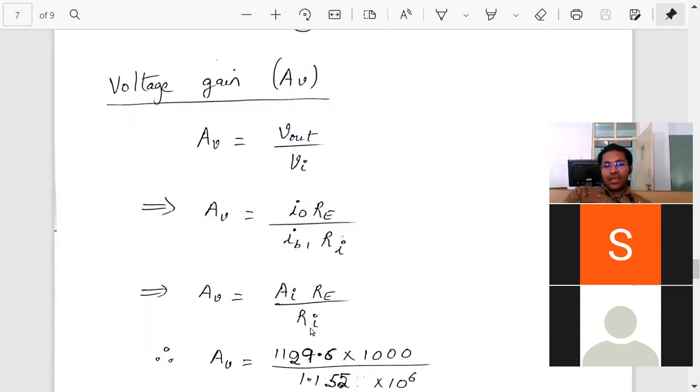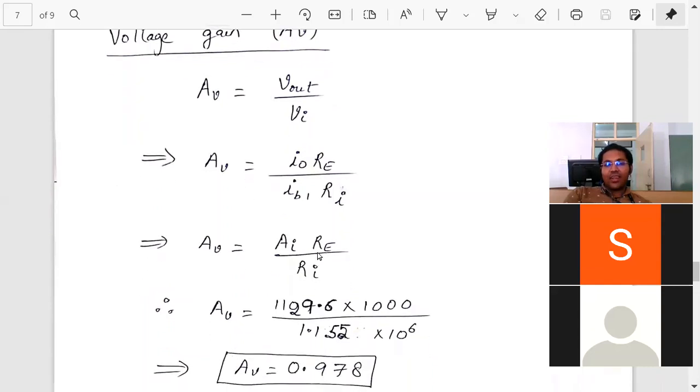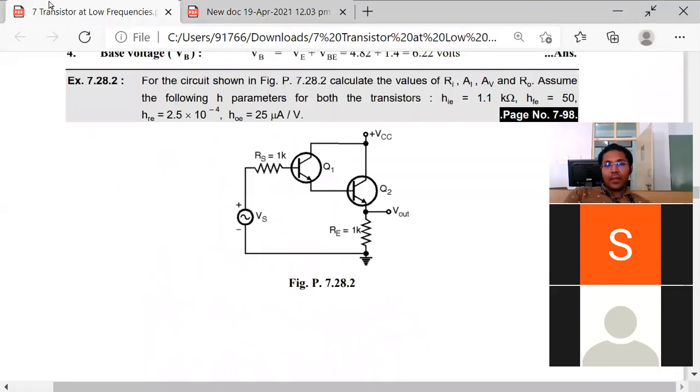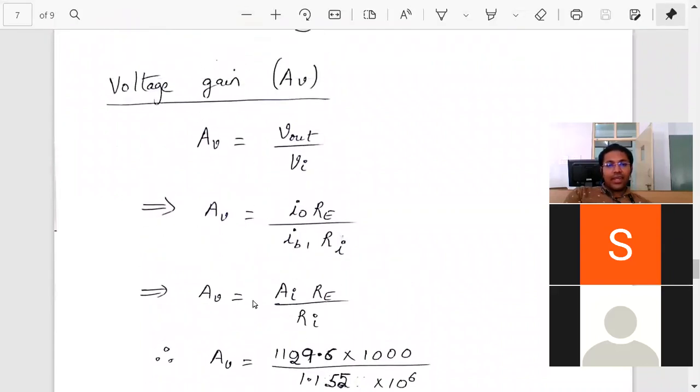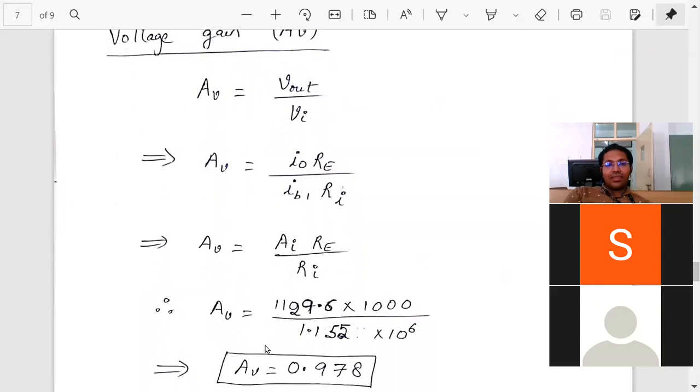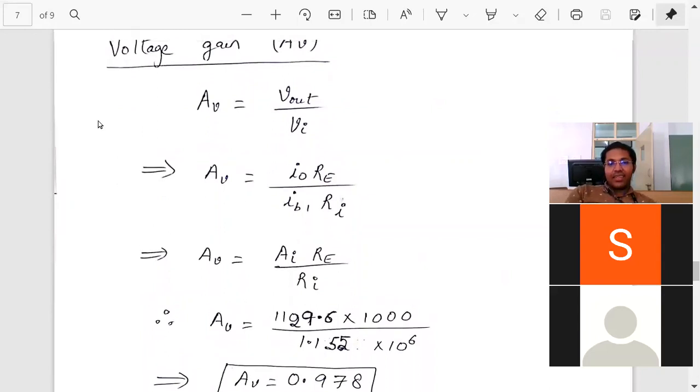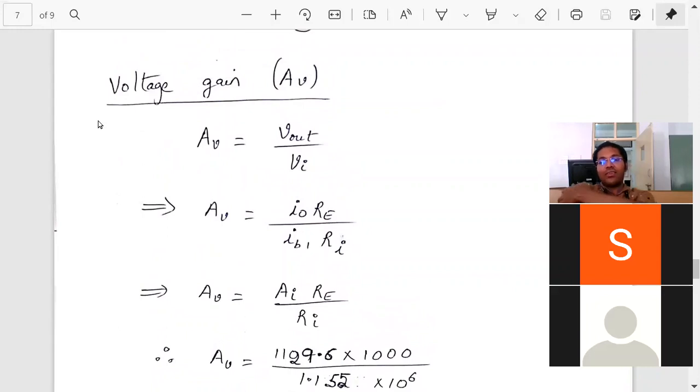Substitute those. RE is 1 kilo ohm, given in the question. So substituting all those values, we get AV. Please calculate and tell me what value you are getting. Just substitution.